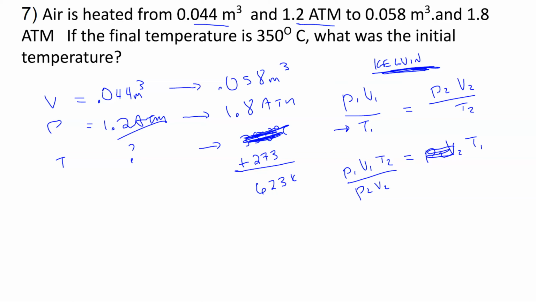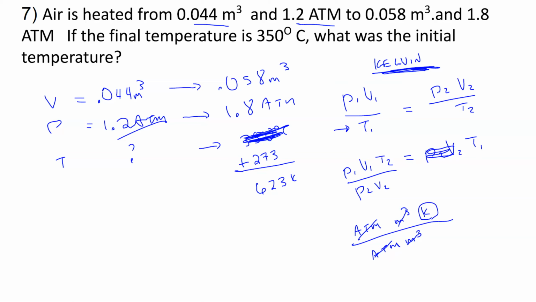The answer is you could leave them in atmospheres, or you could put them in Pascal. And let me just put the units real quick here and show you why it's okay to leave those in atmospheres. P1 here is in atmospheres, V1 is in cubic meters, and T2 is in Kelvin. And then down here, P2 would be in atmospheres, V2 is in cubic meters, and you see how the atmospheres cancel and the cubic meters cancel. You're left in Kelvin.